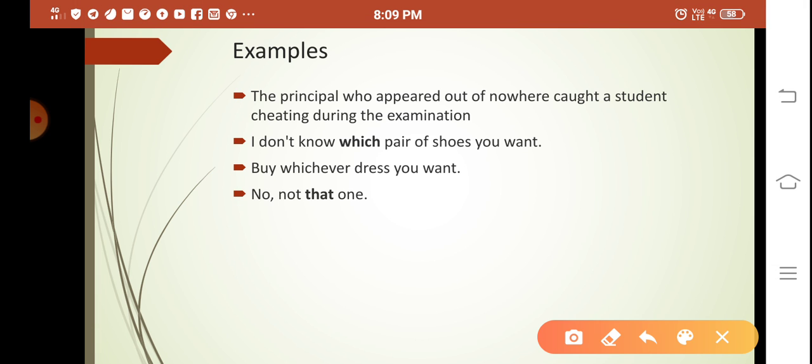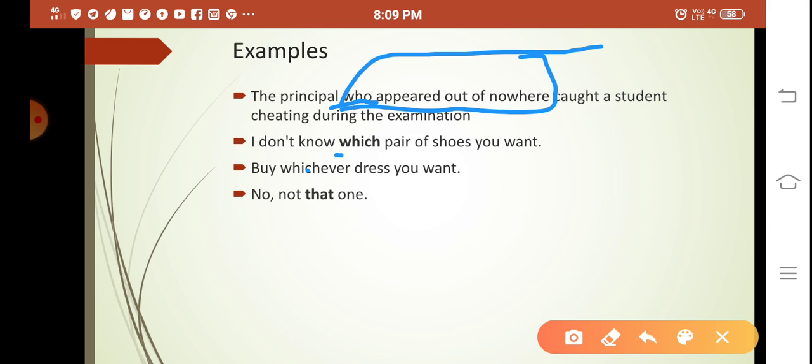The principal who appeared out of nowhere caught a student cheating during the examinations. So here who is the relative pronoun. It is giving more information about the principal: who appeared out of nowhere. And I don't know which pair of shoes you want.